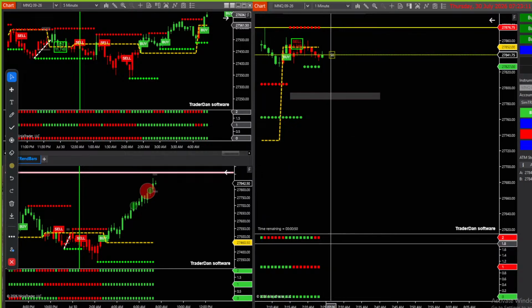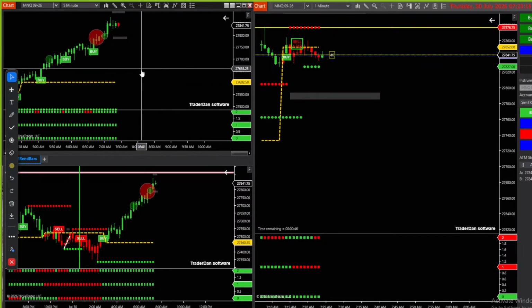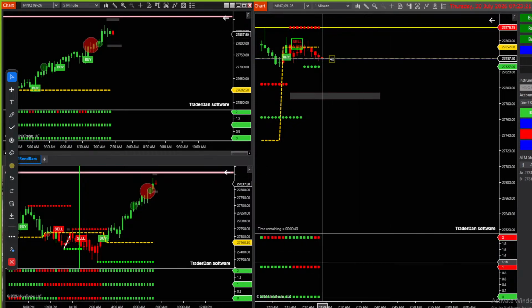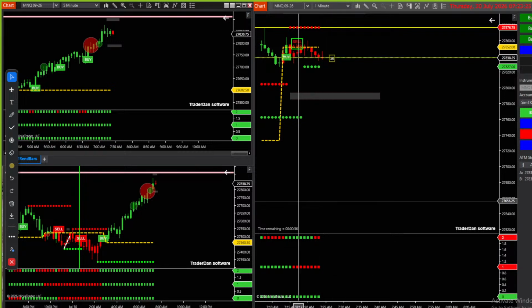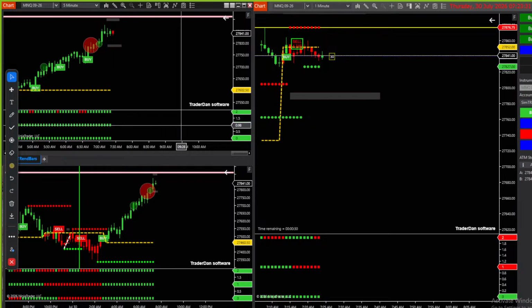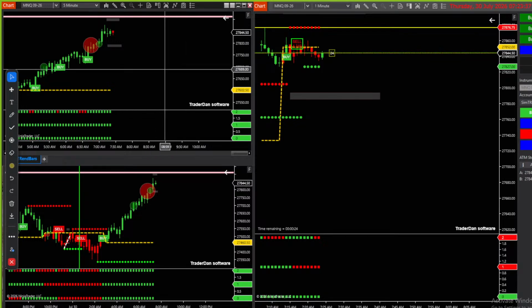If the 5 is green, we have no red on 3 bars. You have red and red here, but none down here. This may turn red and go through a small pullback, but number 2 or number 1 doesn't turn red. It's just a pullback. That's all it is.